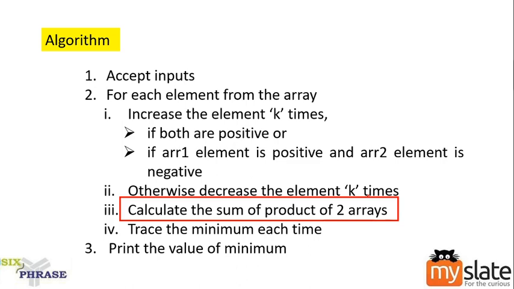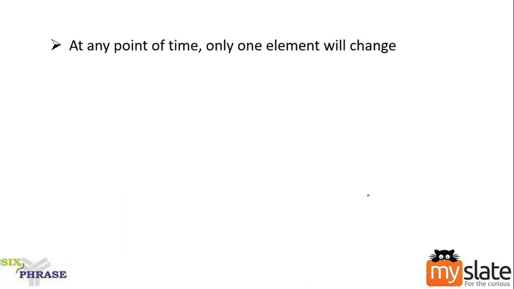Only that one element would have a different product. All the other 9 elements will still be having the same product. Yes. So instead of creating a new product array, instead of calculating a new product each time, you can simplify it, and you can do it as, so at any point of time, only one element will change. Okay. So how can I deal with that?